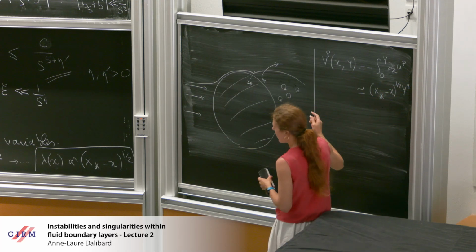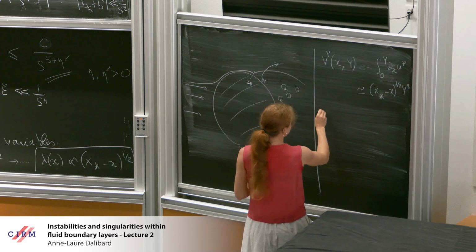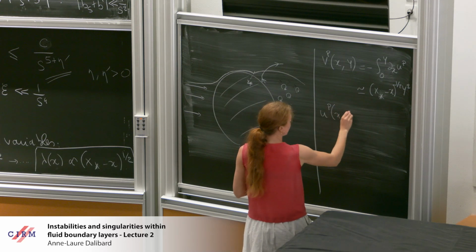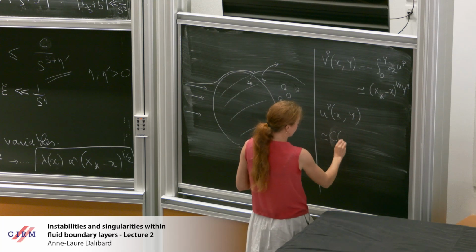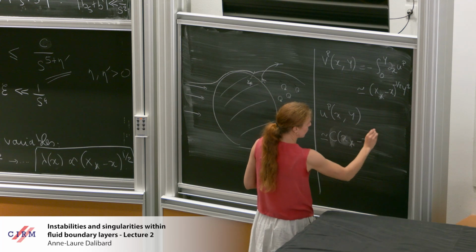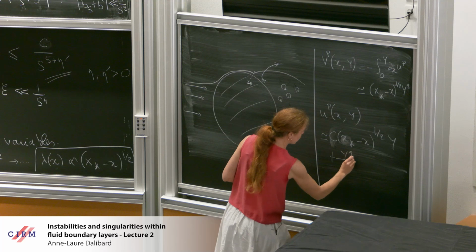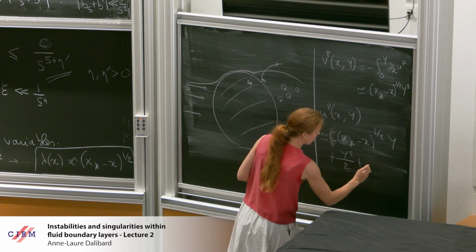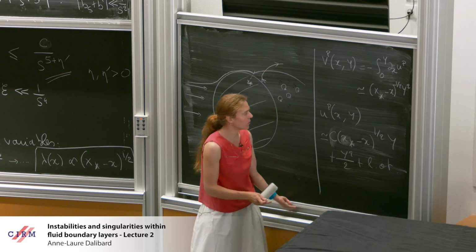Oh yes, maybe I should have mentioned this. When you go back to the original variables, your u_p of x and y looks like some constant times (x* − x) to the 1/2 times y, plus y squared over 2, plus some small remainder, plus some lower order terms.